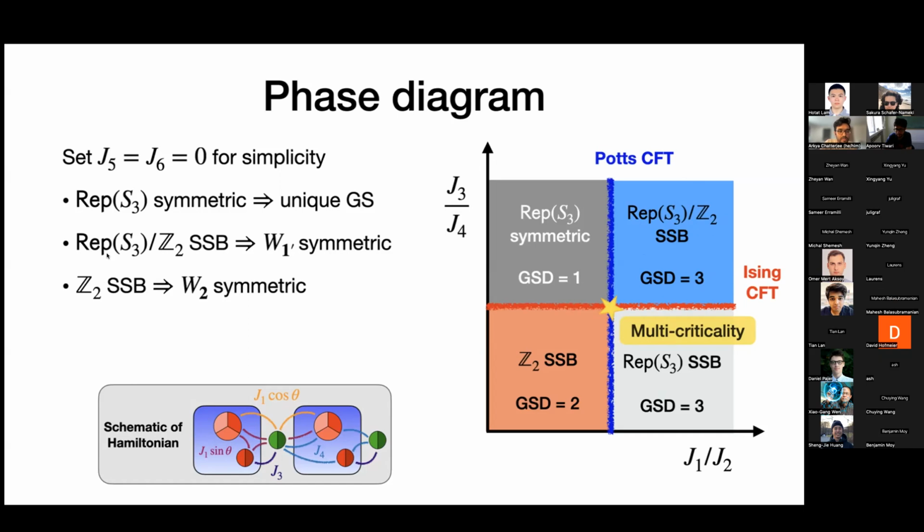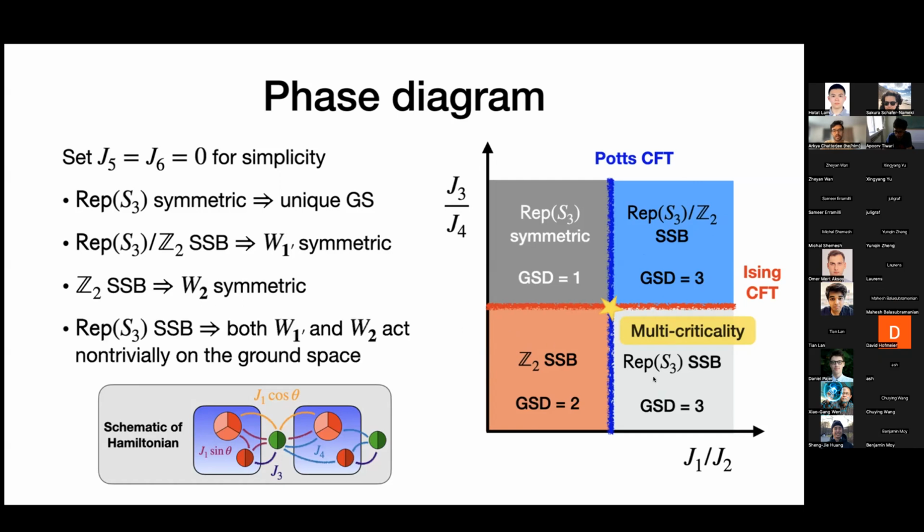You also have a phase where the W1 prime, this Z2 operator, that symmetry is spontaneously broken. So we're calling it a Z2 SSB. And you have two ground states here, which are symmetric under W2. And you could have a phase where all of the rep S3 is broken.